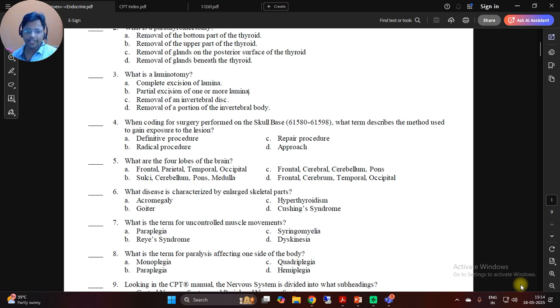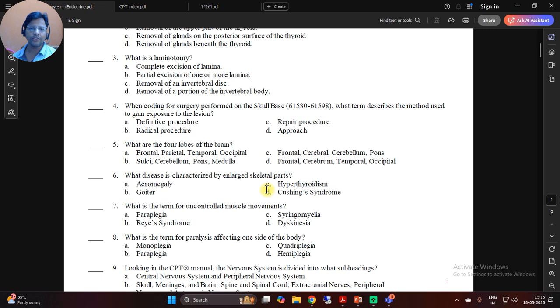So what is the answer? Any option? Yes, perfect, approach. This series 61580 to 61598 is related to approach. So here you need to code it as approach. Your answer is D.